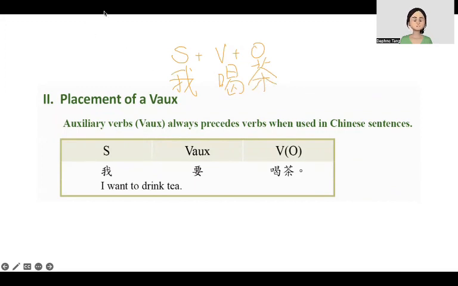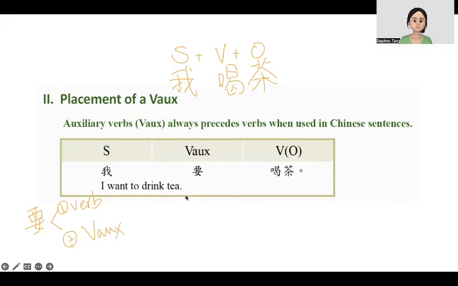Now let's see this auxiliary verb 要. It is a verb and auxiliary verb.